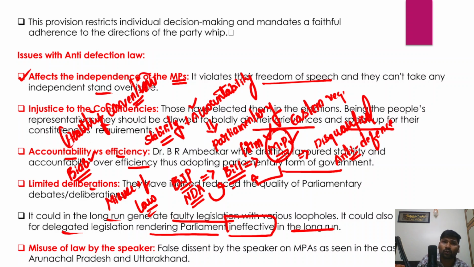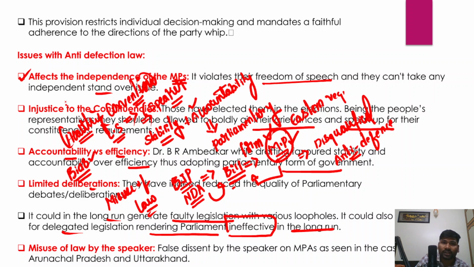The convention is that whenever any member of the Lok Sabha is elected as Speaker, he or she should resign from the membership of that particular political party, and they are also exempted from the anti-defection law. But what has been happening is that, very rarely, those elected to the office of the Speaker resign from the membership of their political party.